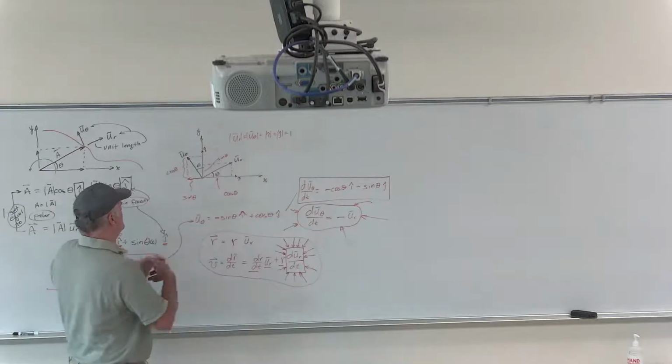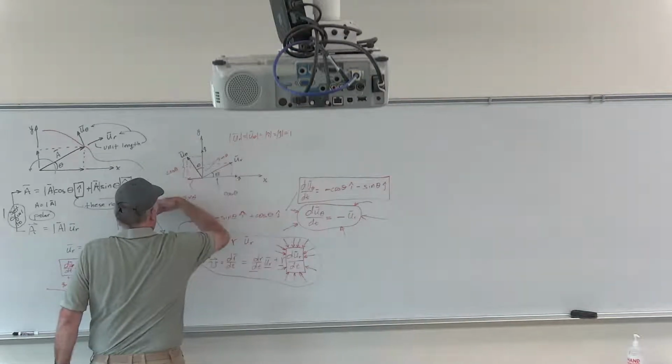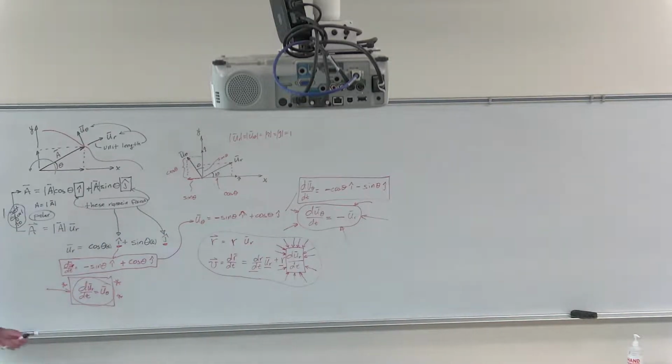And the change of this vector with respect to time is a vector pointing this way. That's it. That's all you want to get out of this right now. Once we have those two things, we'll use those. And I'm kind of hesitant to even go there yet. I mean, we'll do that. Today's Friday, isn't it? So we'll do that next time.